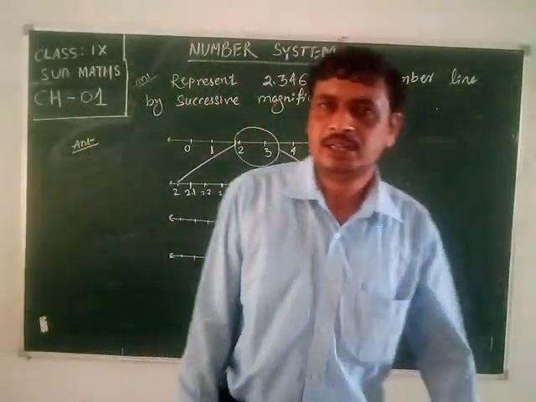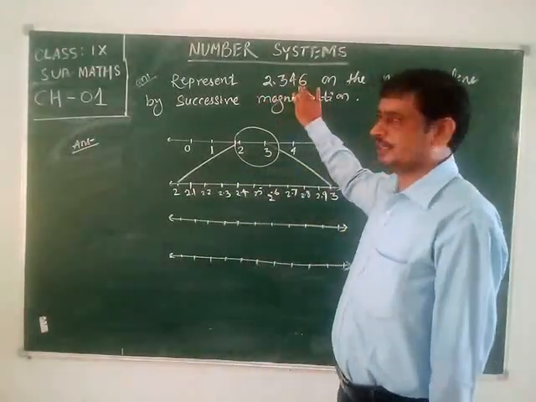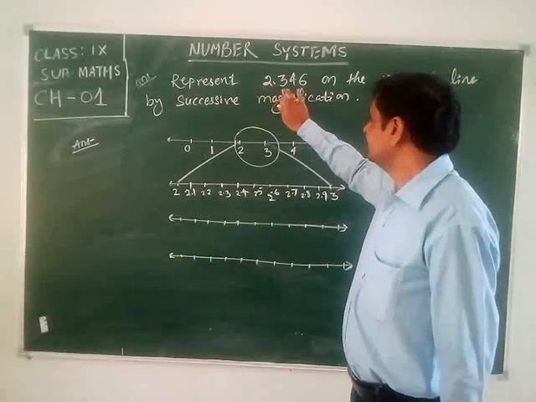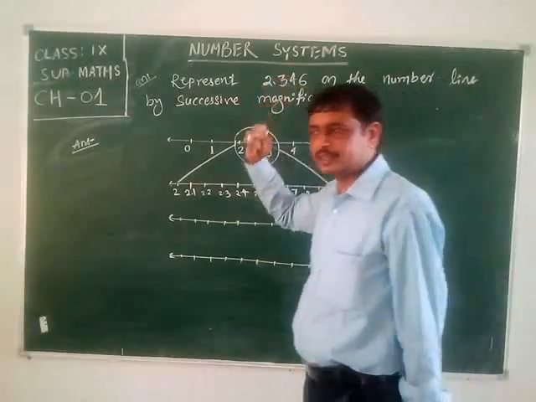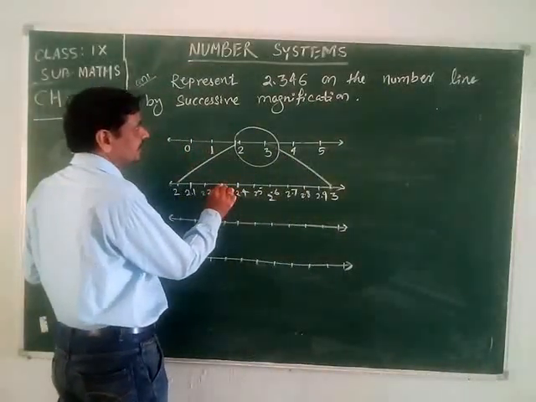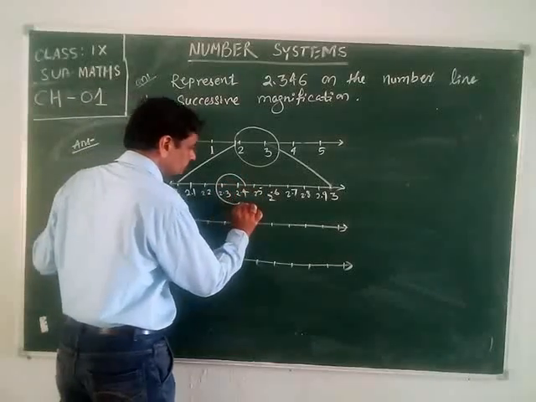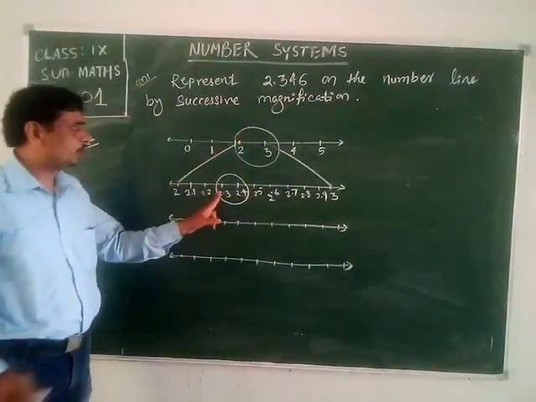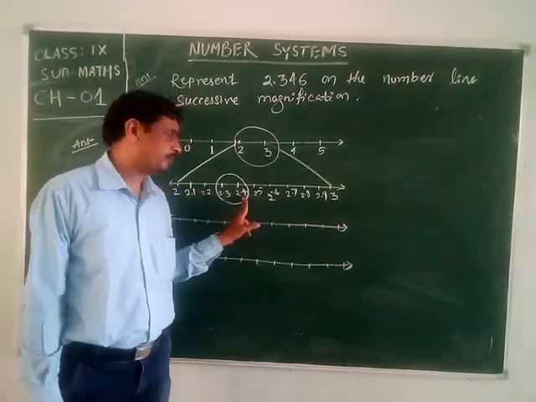Next, we have to find this number 2.34. It is very close to 2.3 and 2.4. This number is more than 2.3, but it is less than 2.4.